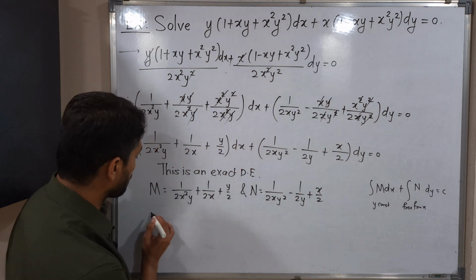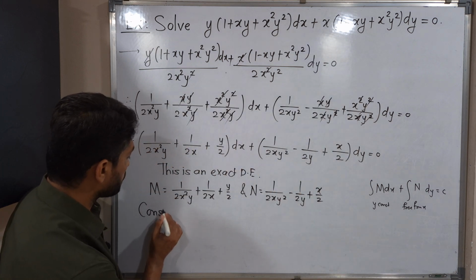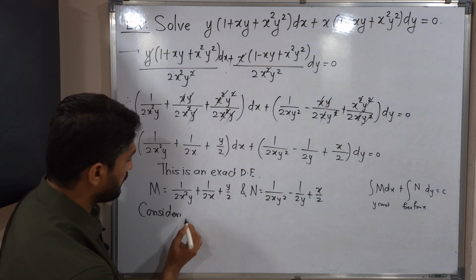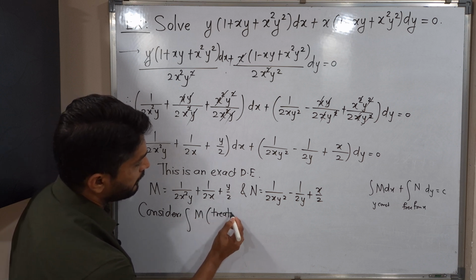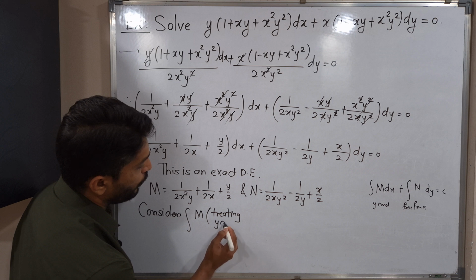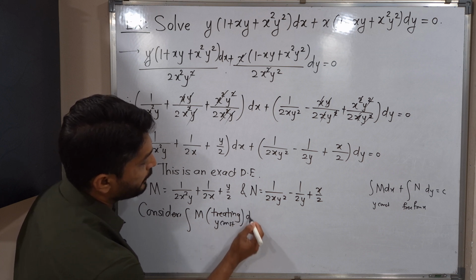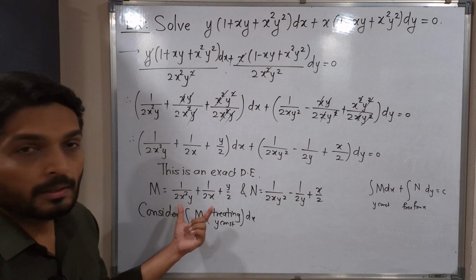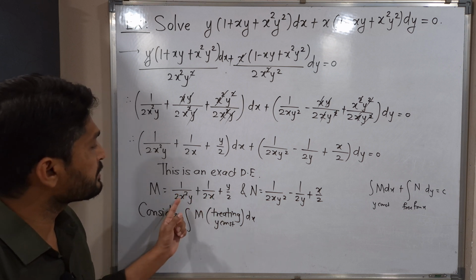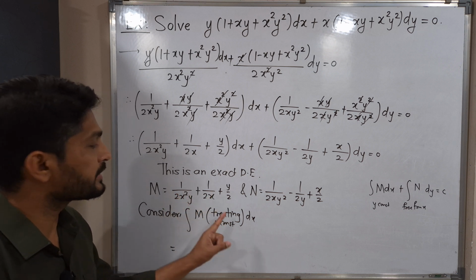Okay, so let us start. So consider integration m treating y constant with respect to x, right? So as you can see here, this is our m. But see, addition is there, three terms are there, first, second, third, additions are there, getting?